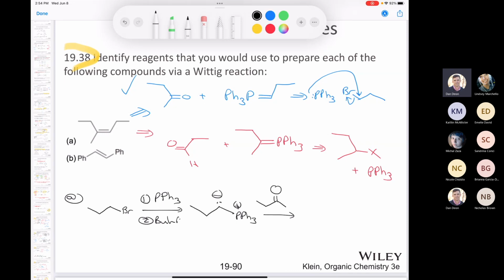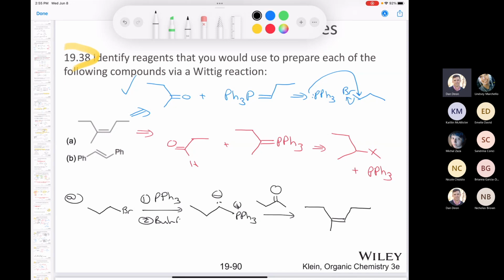Nothing more than that. So that's just going to give us this compound. So we have this, then we have our double bond, this, and then 1, 2, 3, like that. So that gives us our final product. Okay, so that's the whole sequence for A.